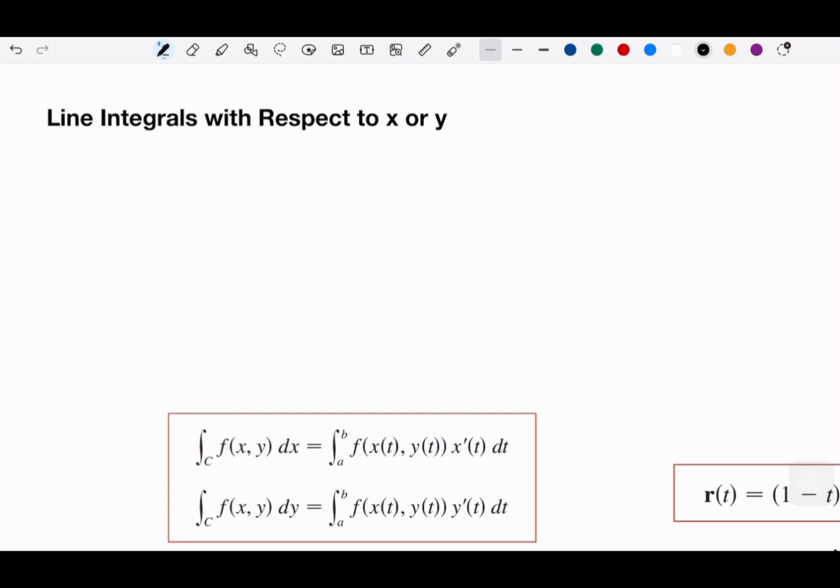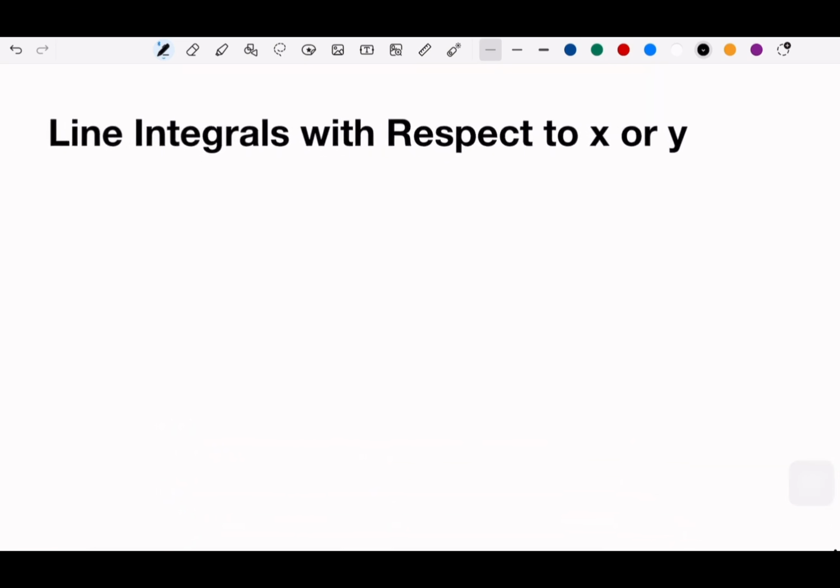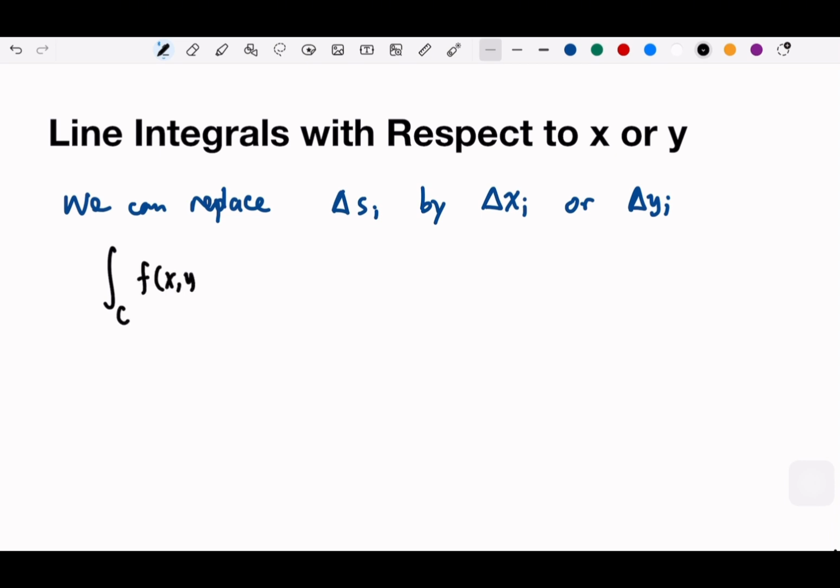Okay. So now we can conclude that the line integrals we can take with respect to x or y. So basically, we can replace the delta s_i in the definition by taking delta x_i or delta y_i. So that we can take the line integral of f(x, y) dx. This becomes using the limit definition.